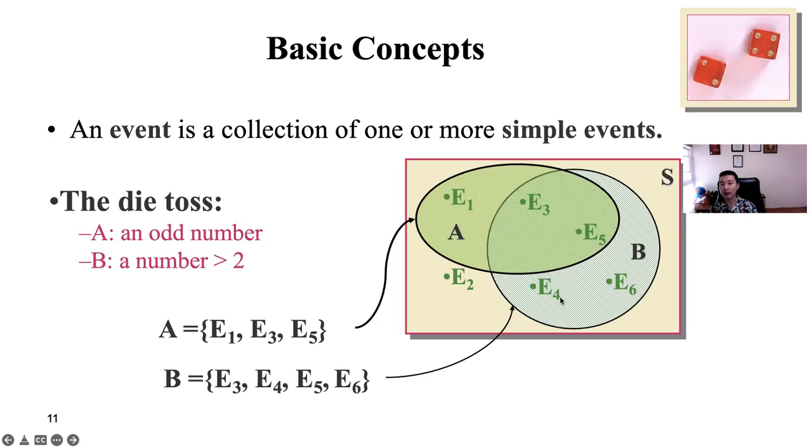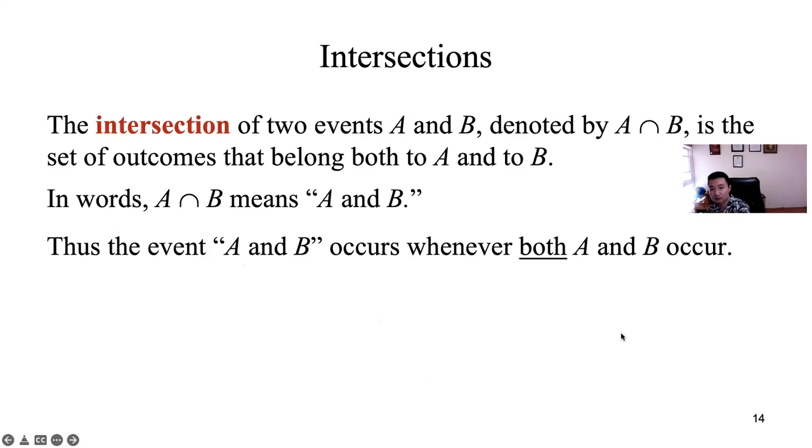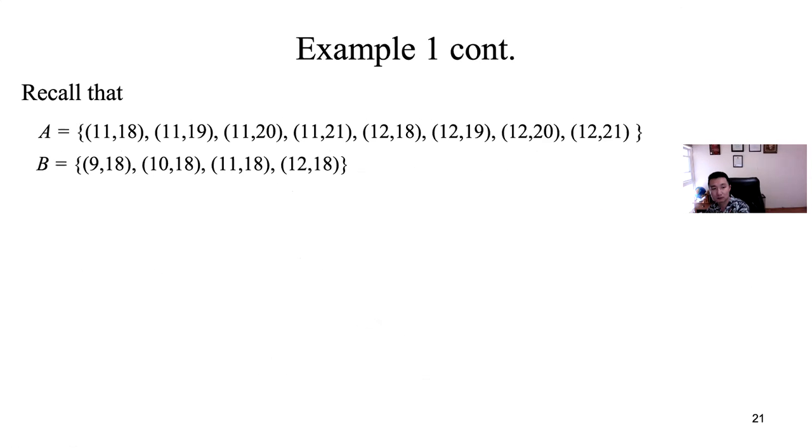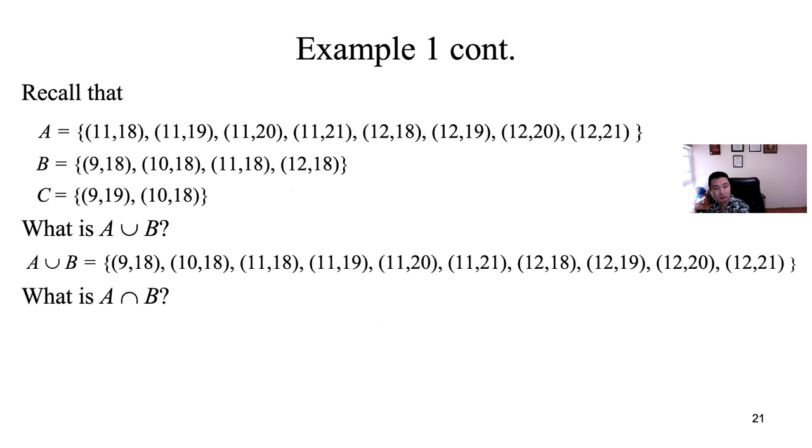So A or B includes A and B. Any questions so far about this intersection and union?